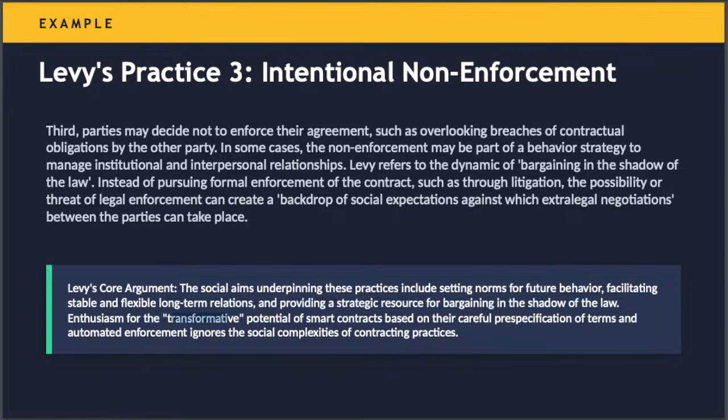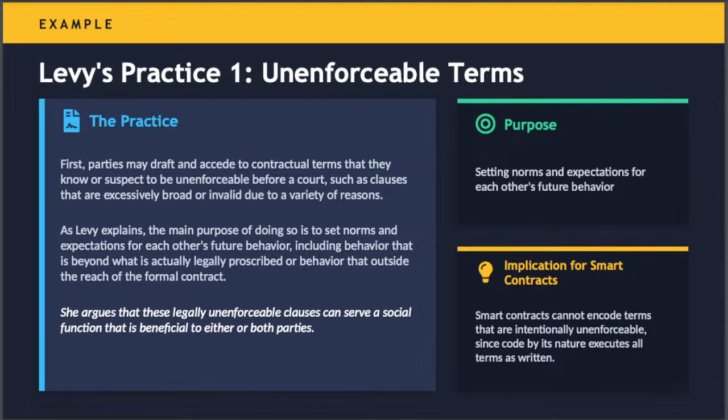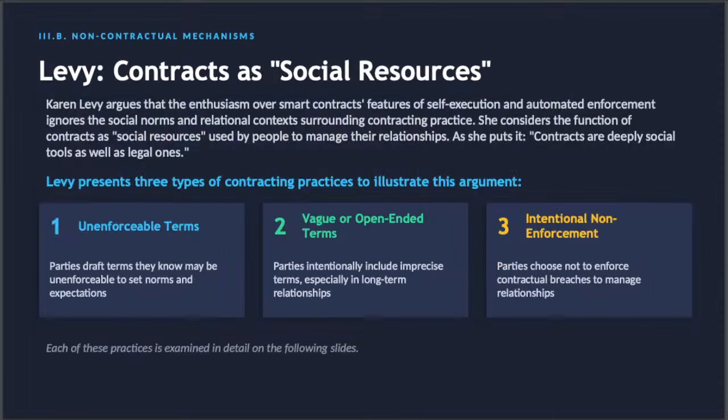Enthusiasm for the transformative potential of smart contracts based on their careful pre-specification of terms and automated enforcement ignores the social complexities of contracting practices. So again, let's look at these three practices here. We have unenforceable terms, vague or open-ended terms, and intentional non-enforcement.